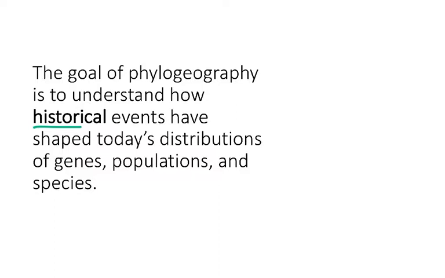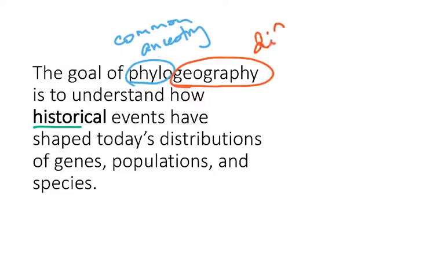among species. And if we look at the name here, if we break down the word phylogeography, the phylo part here means groups having common ancestry. And then geography here is different locations.